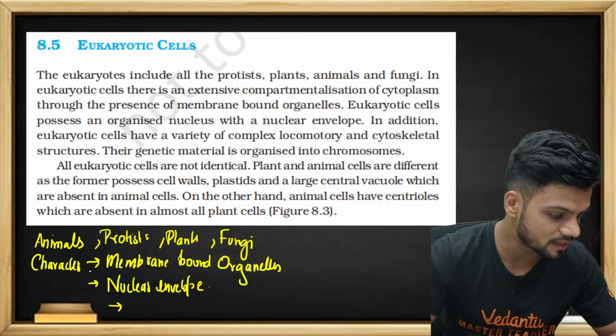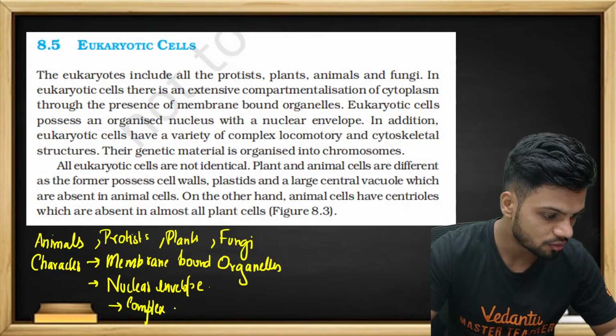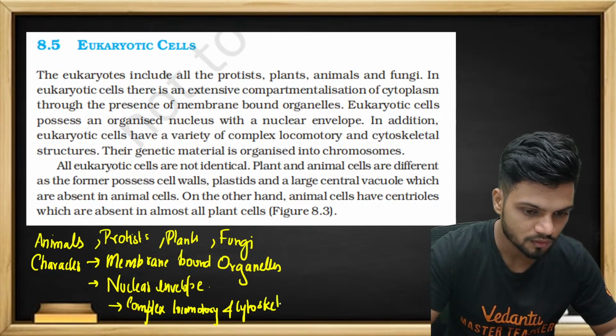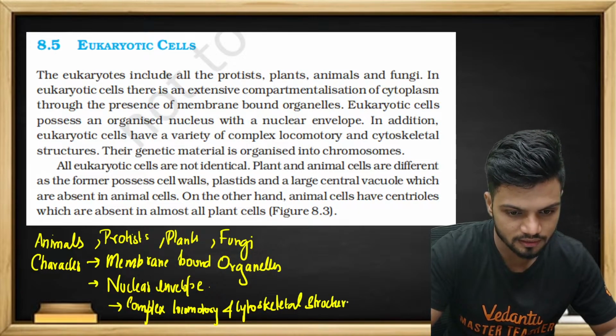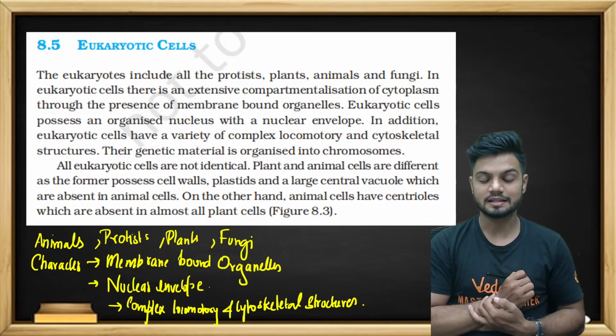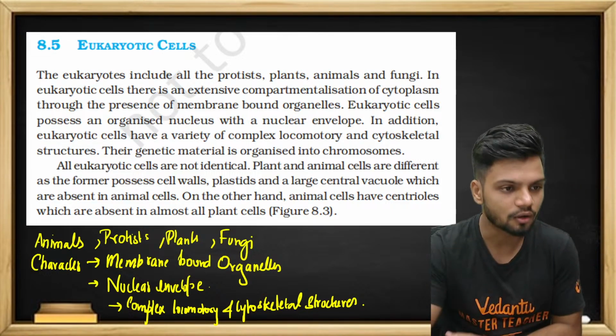There are also complex locomotory and cytoskeletal structures. For example, there could be cilia, very complicated cilia. We have contractile vacuoles. You learn all that under eukaryotes. Right. Now, let's see what is given here.